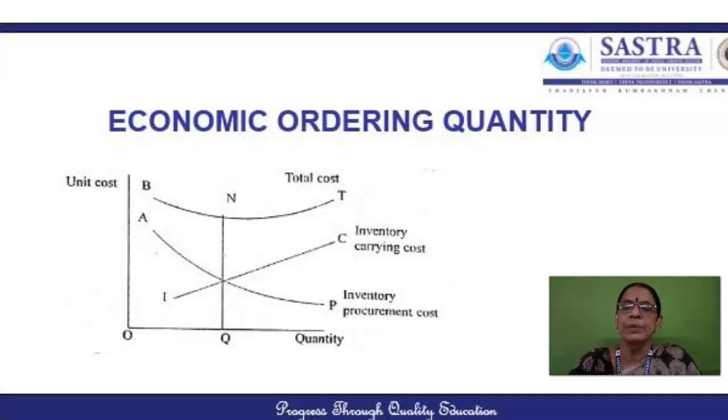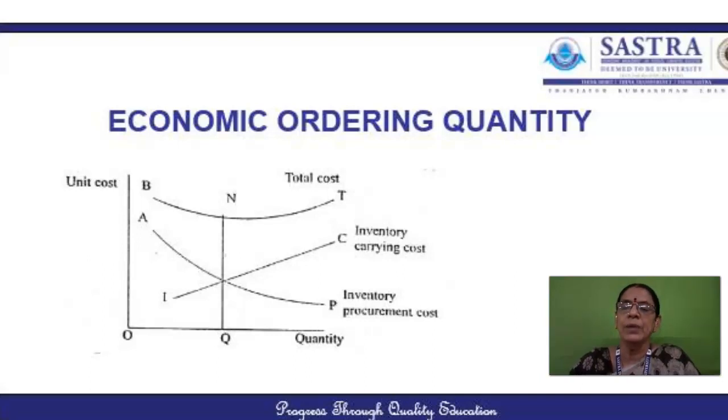Say for example, if an organization needs 10,000 units per annum, the entire 10,000 units is purchased in a single lot. There will be one order, and if the ordering cost is 500 per order, now the ordering cost is maintained at a very low level as 1 into 500, 500 rupees.